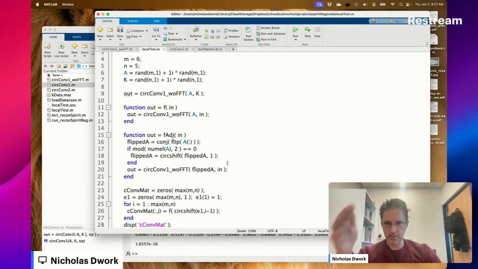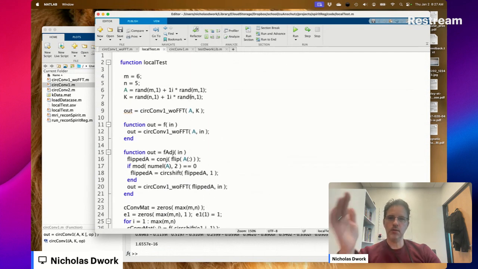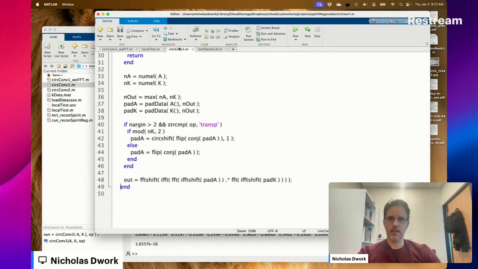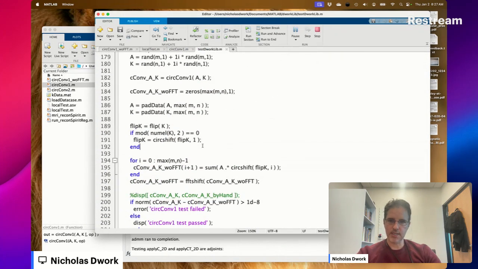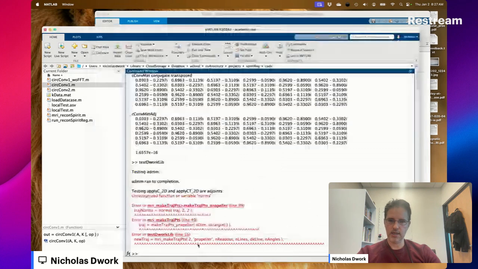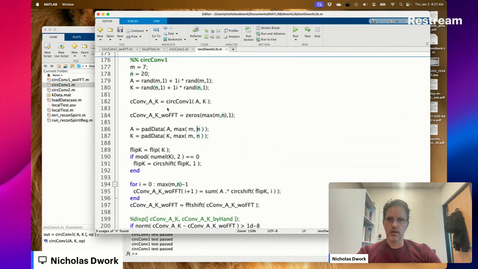Okay, we've got it working over here, without the FFT. And this seems to suggest, oh no. That operating without the FFT and operating with the FFT give you the same results. So what to do?